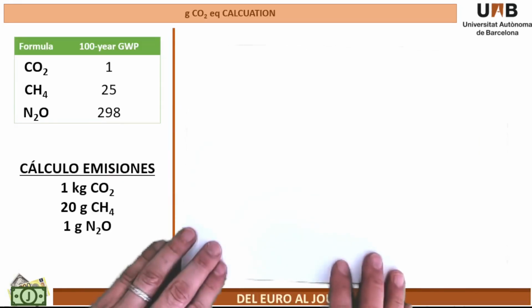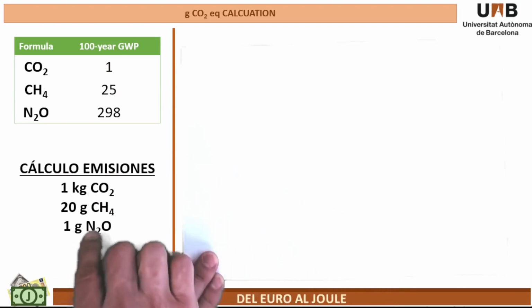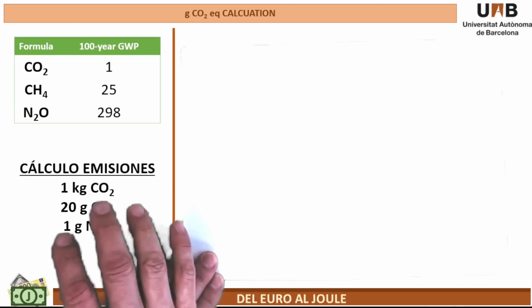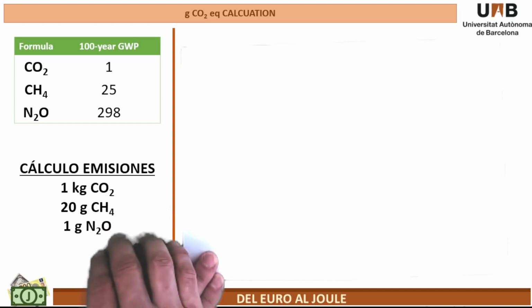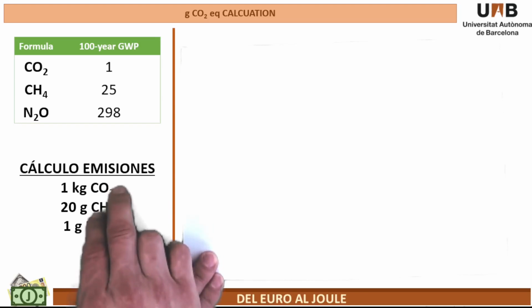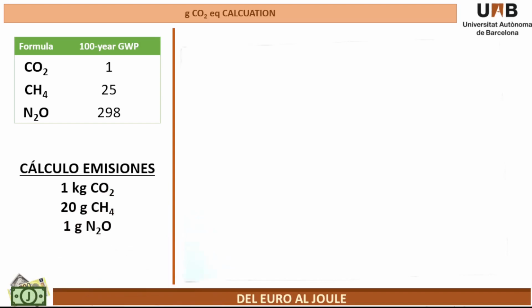So if we want to know the warming potential that an amount of emissions can have, we have to calculate it all with a single value. And the standard way to do it is to calculate the amount of carbon dioxide that is equivalent to all these emissions. And let's do it.